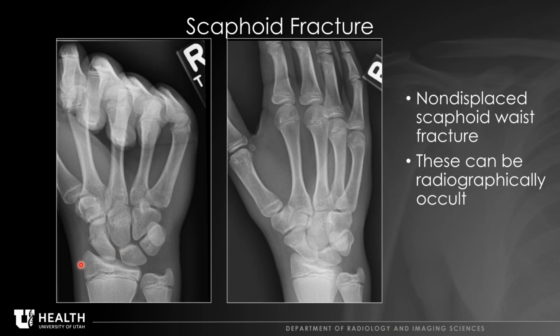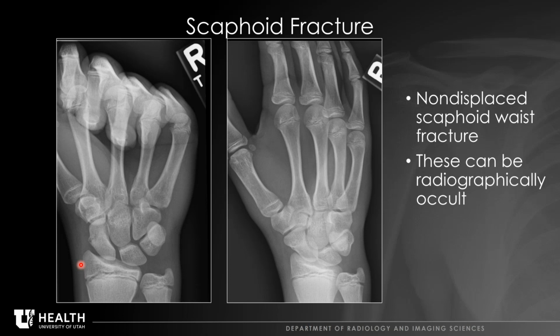So it's better to err on the side of caution and splint somebody who has an occult fracture, or one where we don't see a fracture but there's a concern, because worst case scenario, they get osteonecrosis of the scaphoid. Best case scenario, we splint it when we don't see it, and then the bone heals.